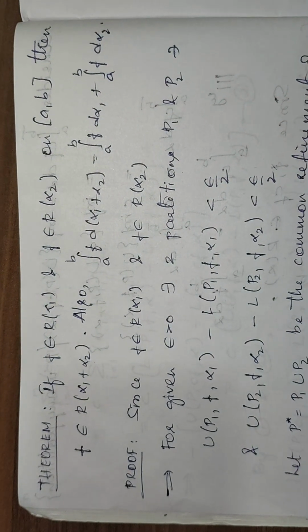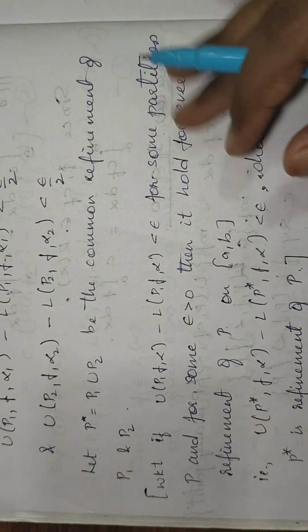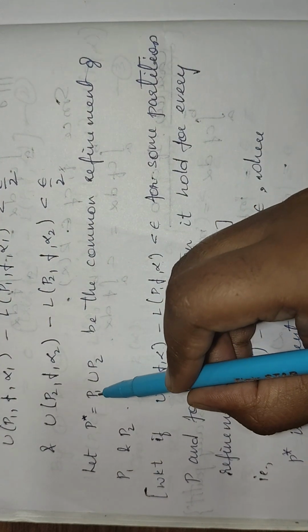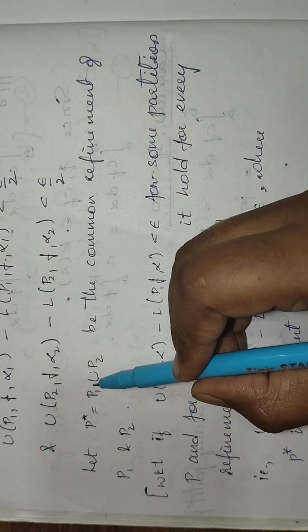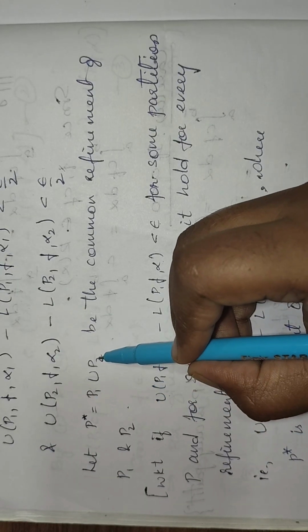Okay, now let P star be the union of P1 and P2, so that it becomes a common refinement of both P1 as well as P2.